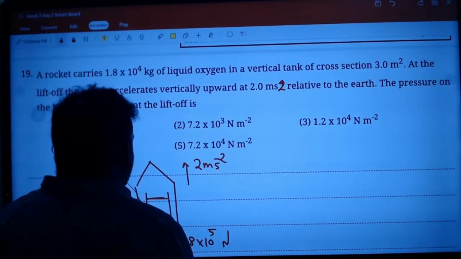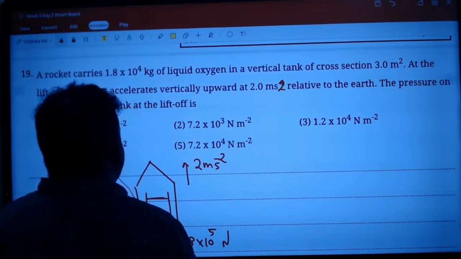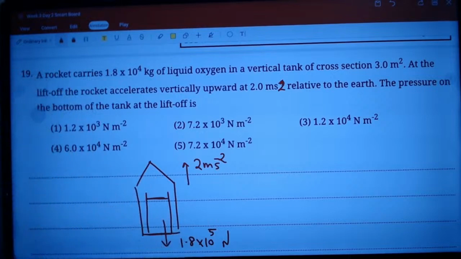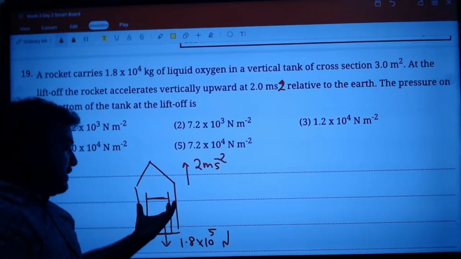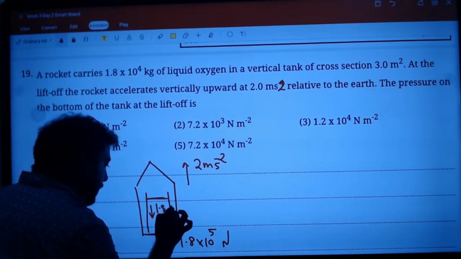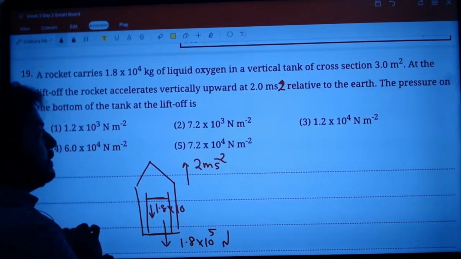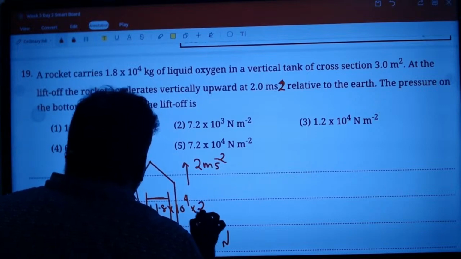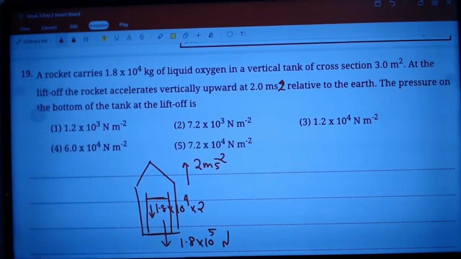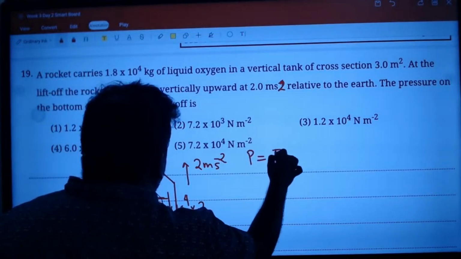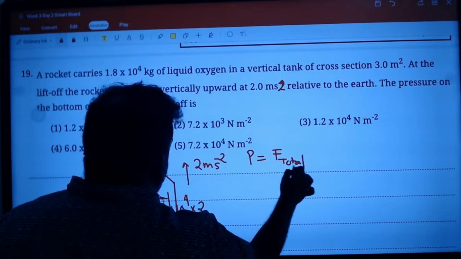Simplify this carefully. So what happens is when this accelerates, there will be a pseudo force acting, 1.8 times 10 to the power 4 times 2 in the opposite direction. So total pressure is equal to total force over area.